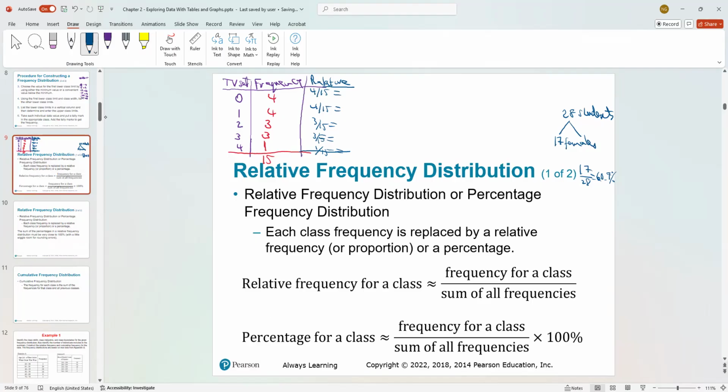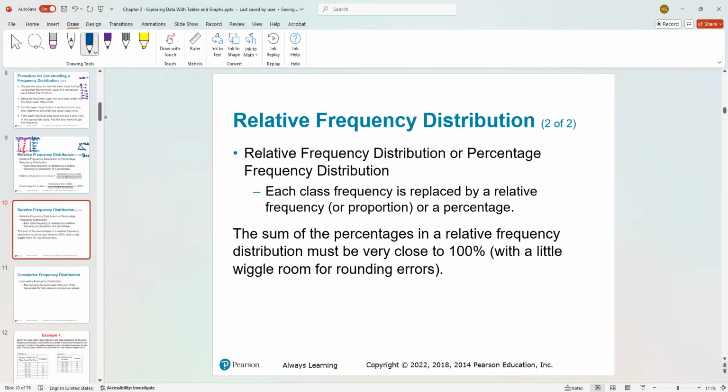If you multiply it by 100, you obtain the percentage. Very important to verify all of this. The sum of the percentages in a relative frequency distribution must be very close to 100%. So when you add up all your percentages, make sure it equals 100%.